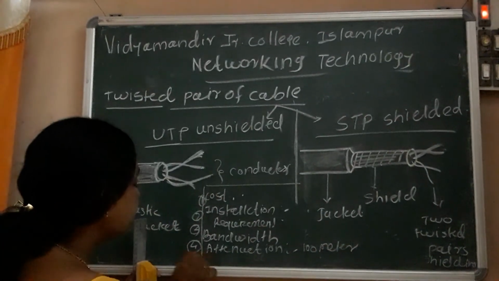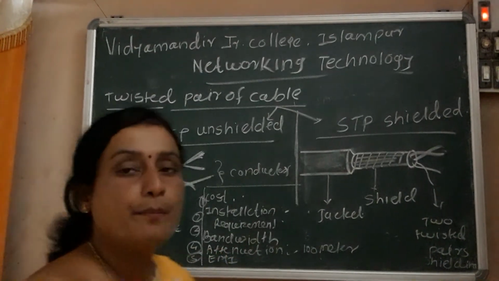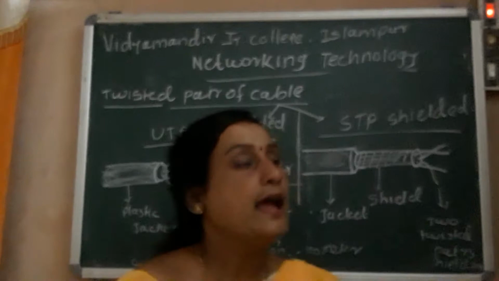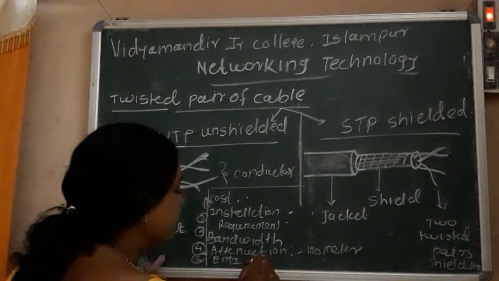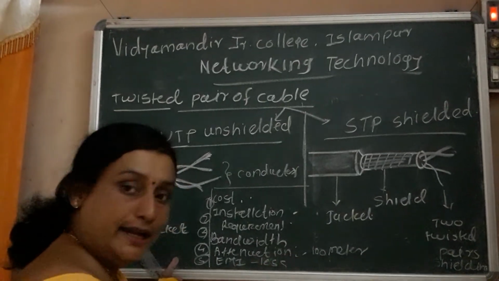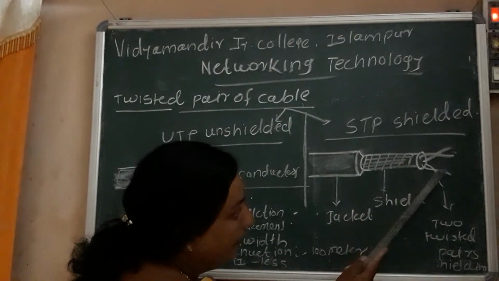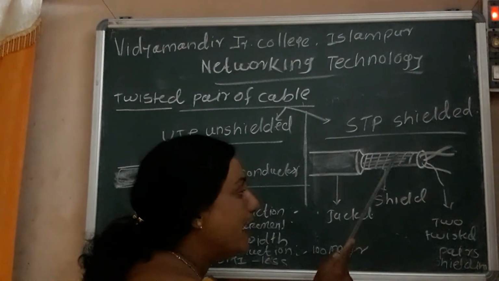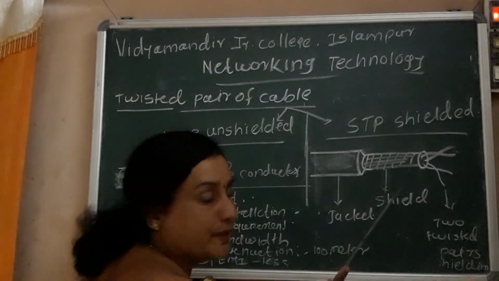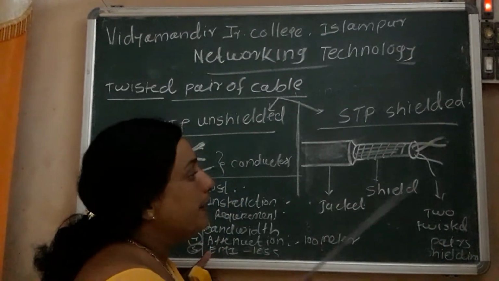Okay, and the last characteristic is EMI, that is electromagnetic interference. In this STP cable, there is less sensitivity to the EMI. Why is there less sensitivity to the EMI? Because these twisted pair cables are wrapped by the shield, so it can avoid the EMI.